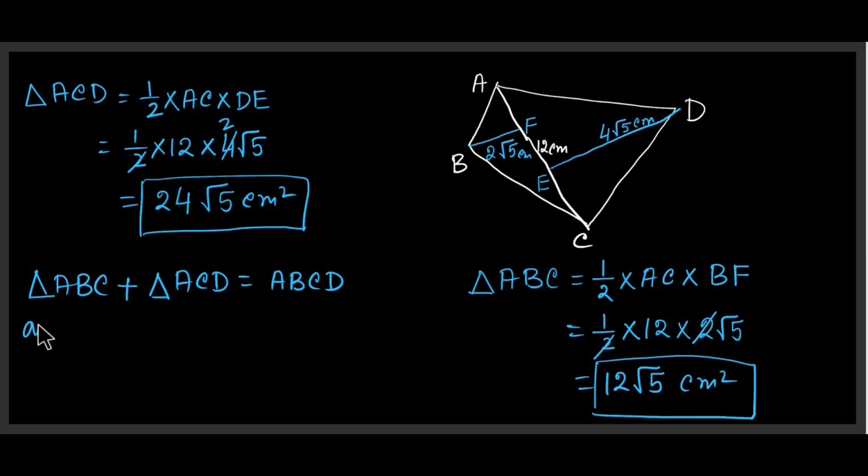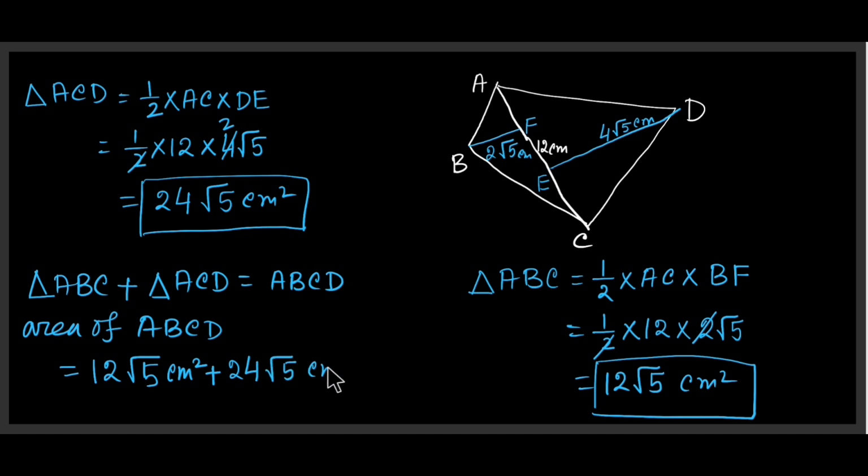So the area of the quadrilateral ABCD is the sum of the areas of triangle ABC and triangle ACD, and triangle ABC is of the area 12 root 5 centimeter square and ACD is of area 24 root 5 centimeter square. Now adding these two, we get 36 root 5 centimeter square. So it is our answer.